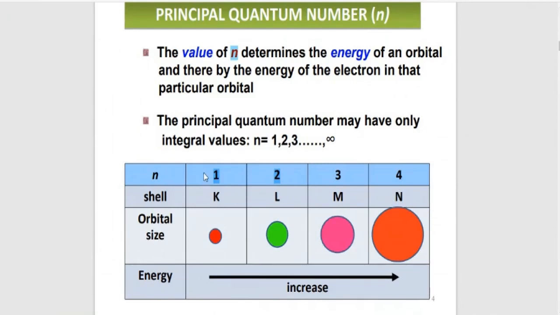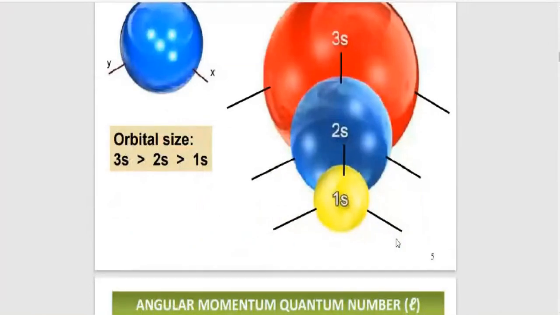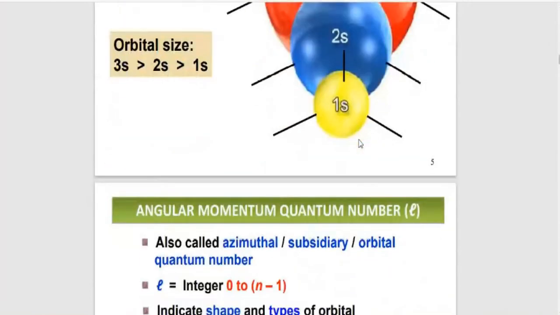What you should know is that when N equal to 1, 2, 3, 4, the energy level increases and at the same time the orbital size increases. Clear? So N has 2 meanings: one is the energy level and the other is the size of the orbital. As N gets bigger, the size gets bigger and the energy level gets higher. For example, 1S, 2S, 3S. Okay, next.